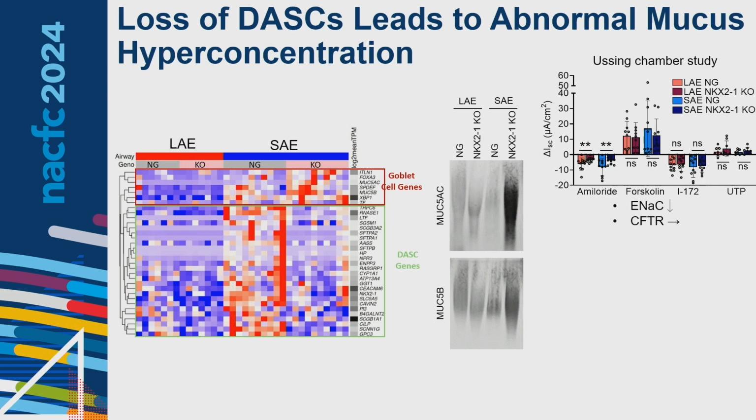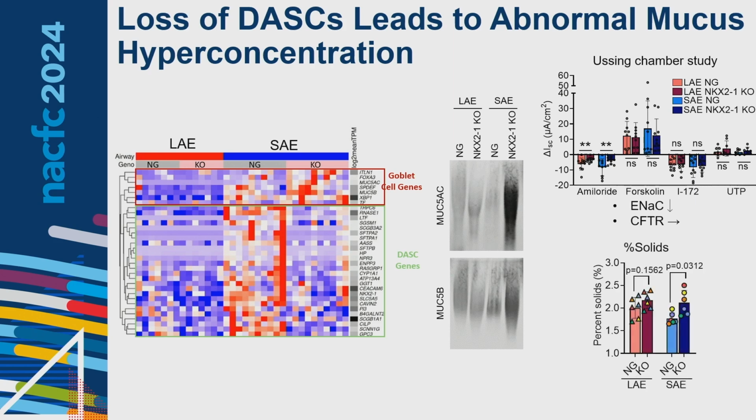And what we found is that ENaC function decreased and CFTR remained the same. The ENaC function decreasing indicates that we have more fluid retention, which should theoretically thin the mucus and we would have more dilute secretions. But the CFTR remained the same because these were non-CF samples.